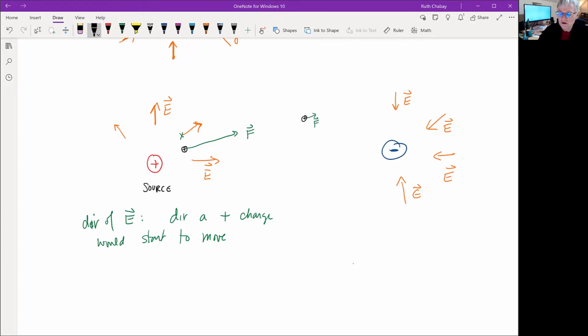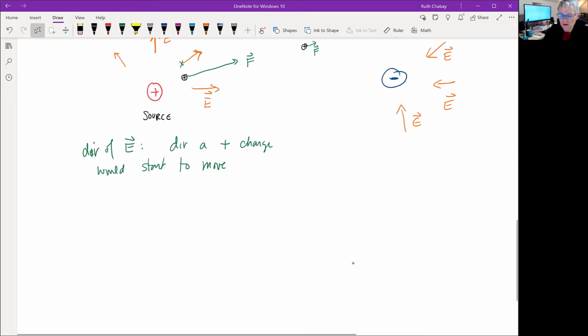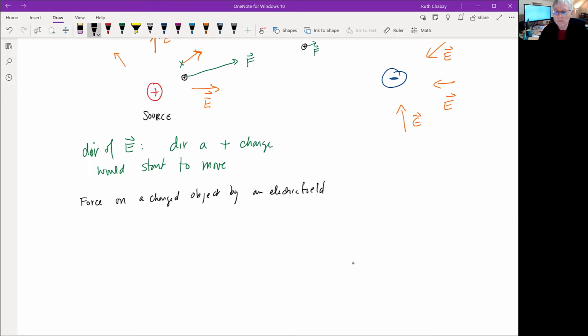So the force on a charged object by an electric field depends on the magnitude and direction of the electric field. And in fact, there's a really simple relationship which we can write this way.